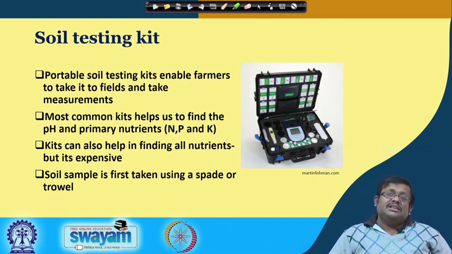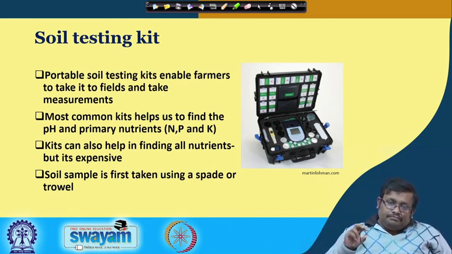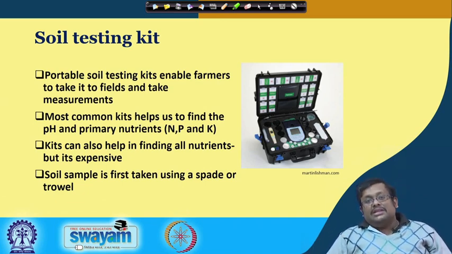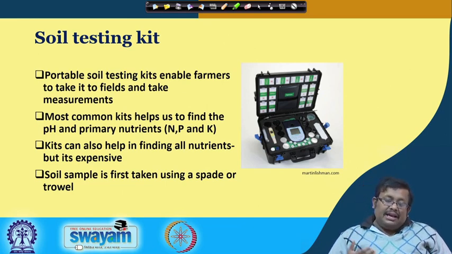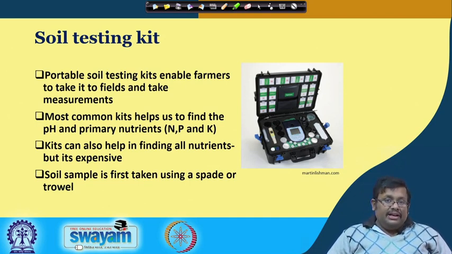You have to put the soil sample within the test tube, and there will be several chemicals, and you have to add those chemicals directly into the test tube, and then you have to develop a color by mixing these reagents. This color will finally be compared with the standard color chart which is given within the soil testing kit, and from that you can qualitatively ascertain the nutrient status of that field.